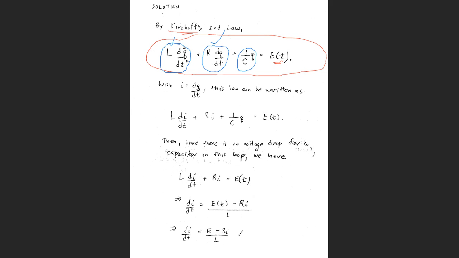And incidentally, the voltage drop due to the resistor is the resistance R times the derivative of your charge, Q. That's what this term is. And the voltage drop due to the inductor is the inductance, which is given in henrys.